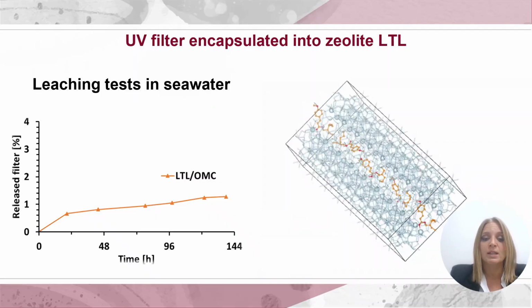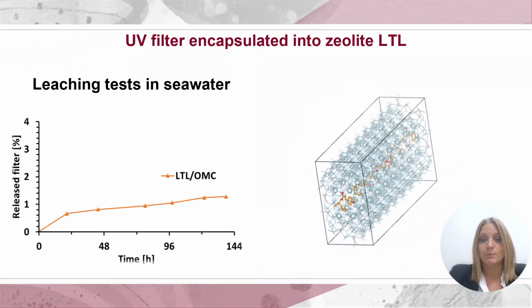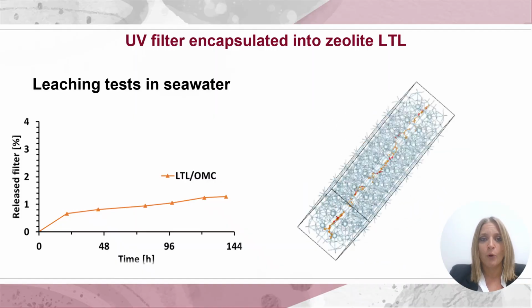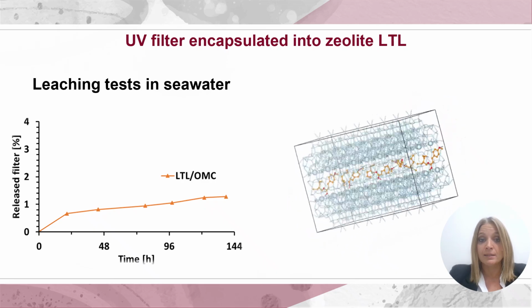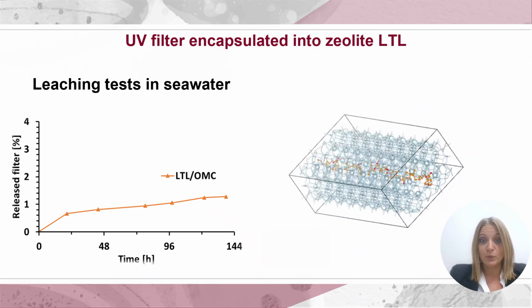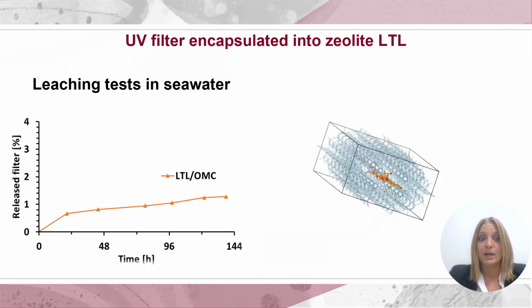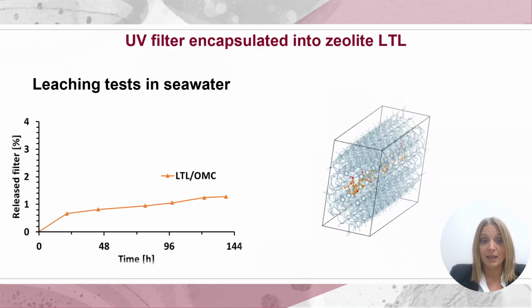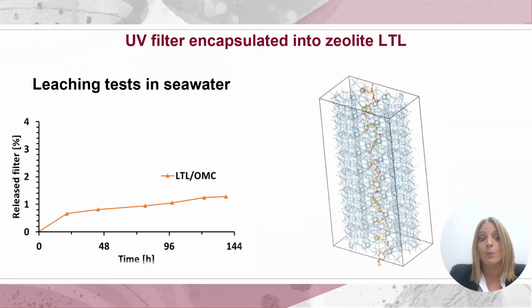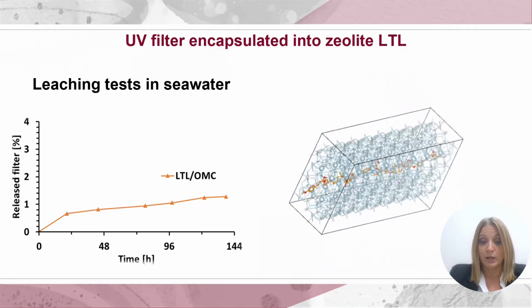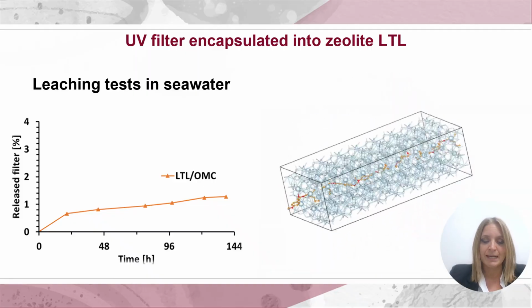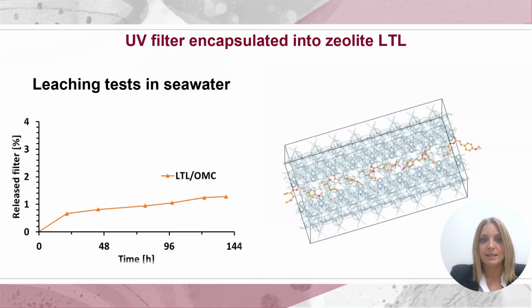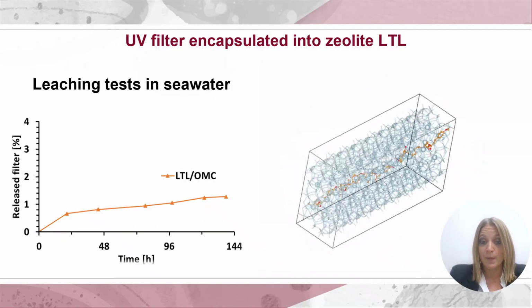Without this, we would not have been able to understand why these materials perform so well in the leaching test. Thus, the encapsulation in LTL was really successful and simultaneously ensures photochemical stabilization and environmental containment of these molecules, which basically prevents the release of possibly toxic molecules into the environment.